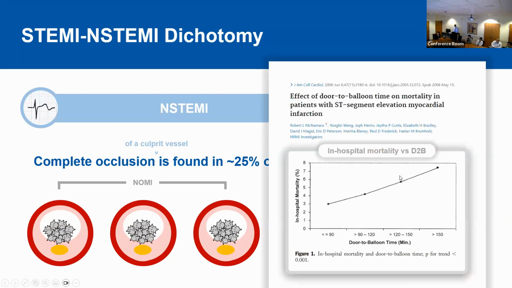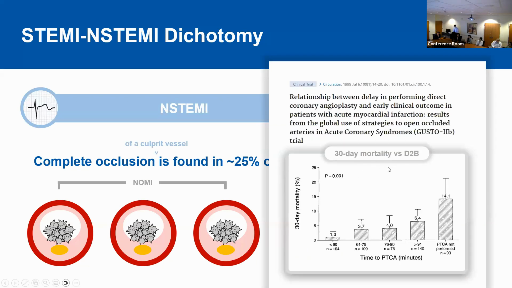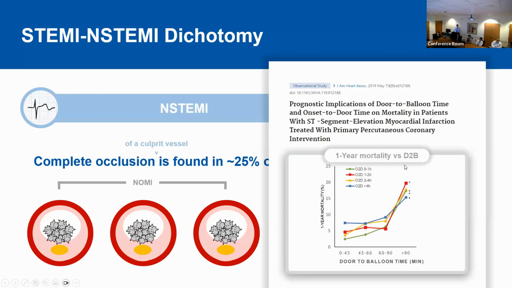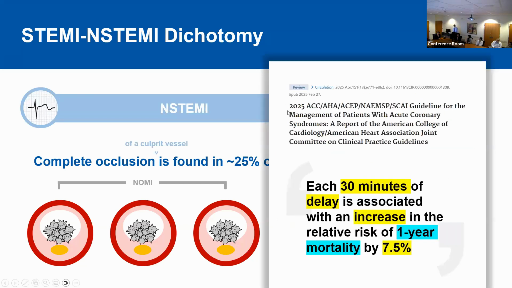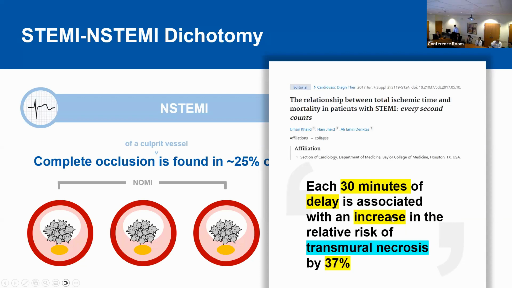Because in this situation, we know that time is tissue, and we see that there's increasing mortality with respect to the onset of occlusion to reperfusion in terms of in-hospital mortality, 30-day mortality, 1-year mortality, such that our 2025 ACC ACS guidelines remind us that with each 30-minute delay, there is an associated increased relative 1-year risk of mortality by 7.5% and a corresponding relative risk of transmural necrosis by 37%.